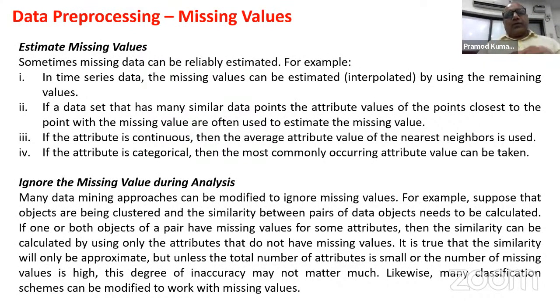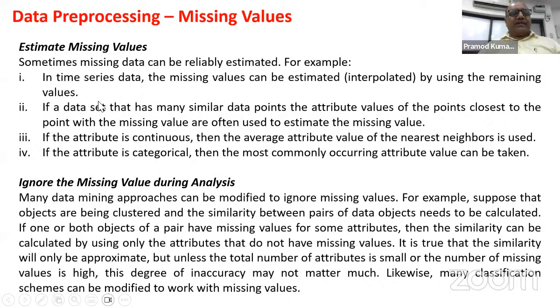Suppose it's a color, red plus green plus blue by 3, you cannot do that. In that case, out of those 10, suppose in 5 the color is red. Because red is the majority, you can take this color value also as red. That is the meaning here: the most commonly occurring attribute value can be taken.